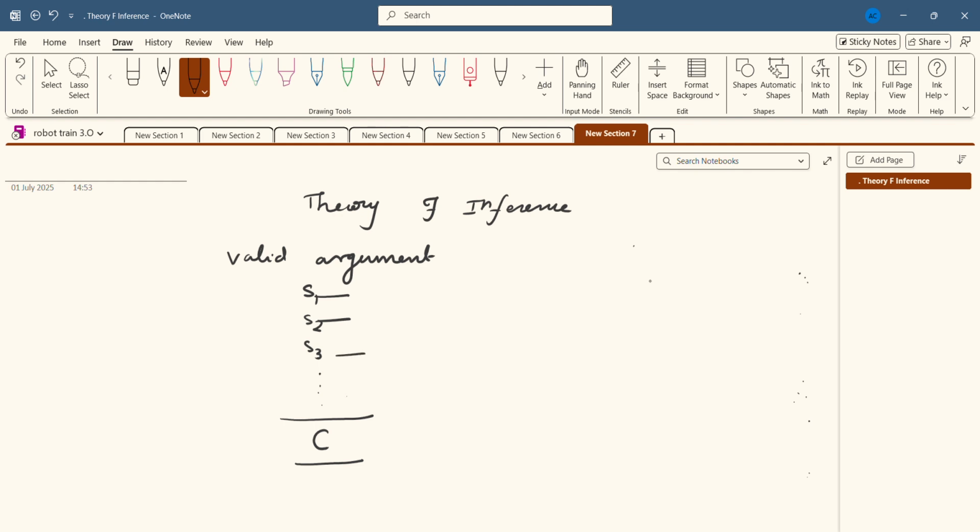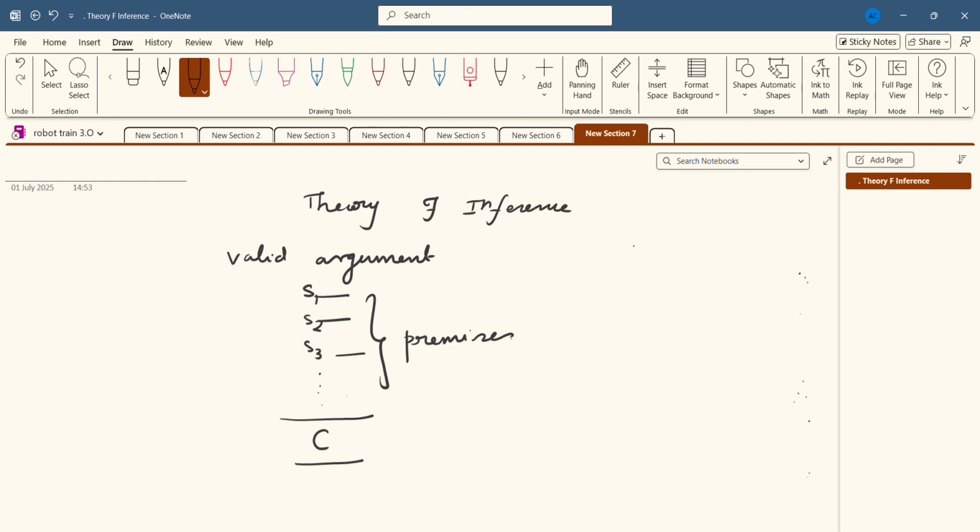These statements we can call premises. Using these premises we can derive some conclusion. So that is an argument. But a valid argument means if all the premises are true, then the conclusion is also true.